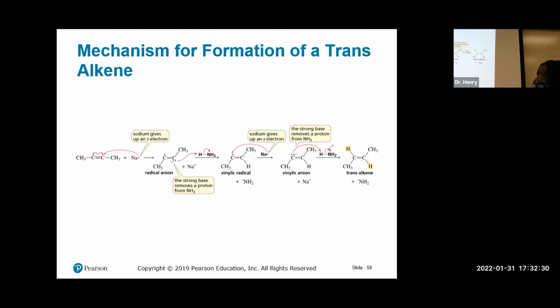The hydrogen's then going to donate to the ammonium, and then you're going to get an ammonium ion, and then you're going to end up with a trans alkene. Okay, questions? Concerns?